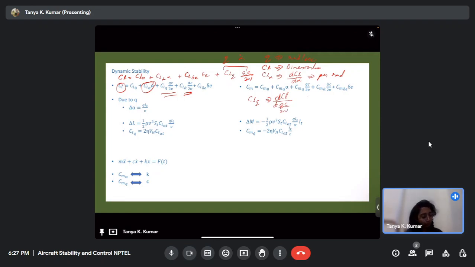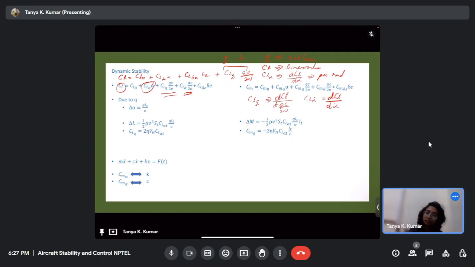Similarly, how is CL alpha dot defined? It's very similar to the Q case: dCL by d alpha dot.